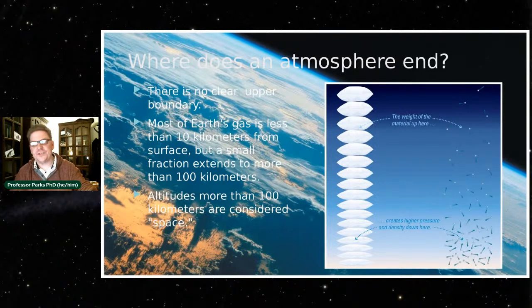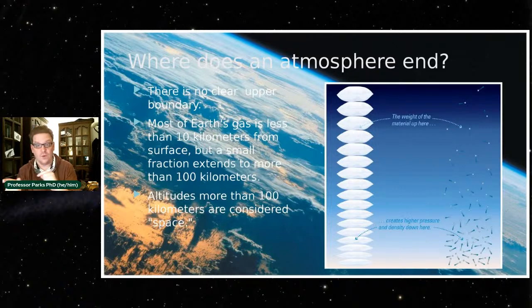But if you're interested in getting a nifty NASA astronaut badge, then you have to go above, I believe, 80 kilometers. I could be switching this because you have two demarcations. You have an 80-kilometer line, which is either NASA or the European Space Agency, or 100 kilometers, which is also called the Kármán line.